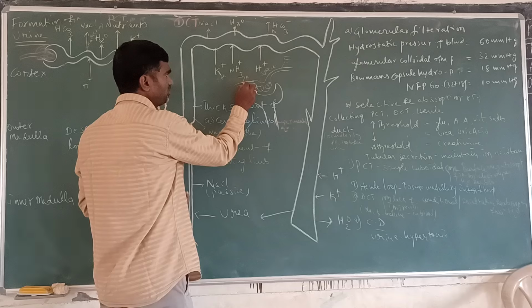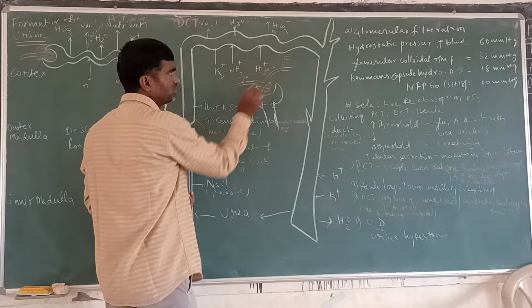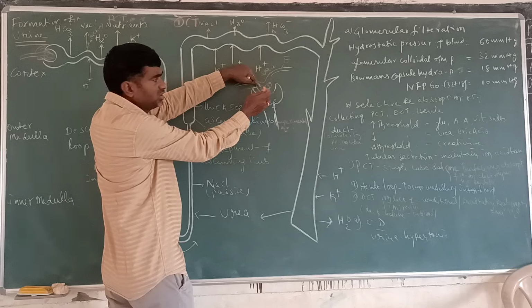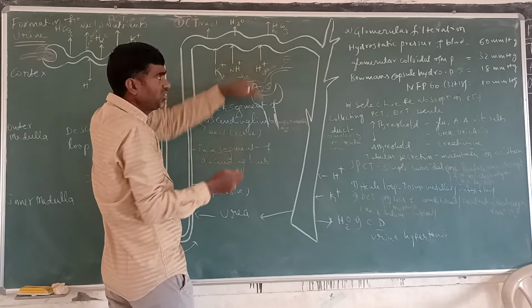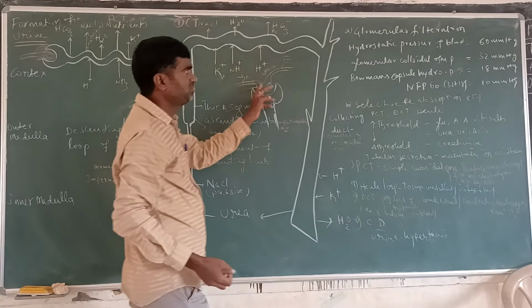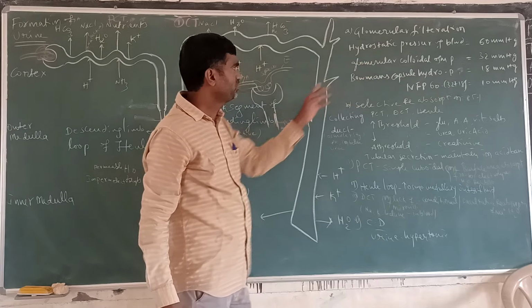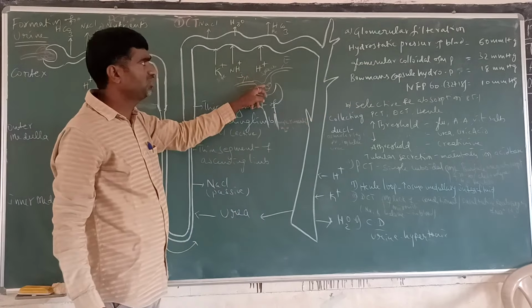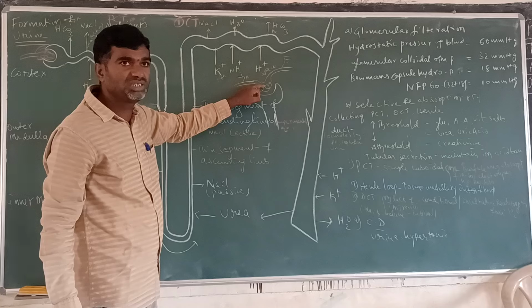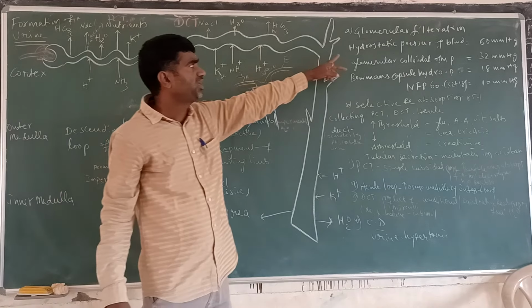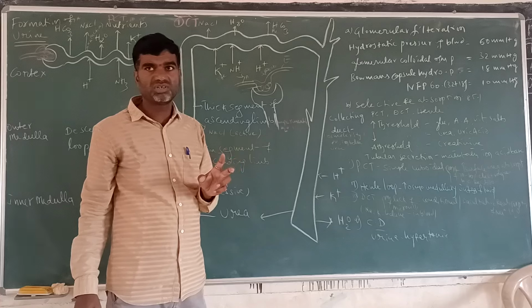This is the glomerulus, and here it is 60 mm Hg. The hydrostatic pressure of blood into the glomerulus is 60 mm Hg.